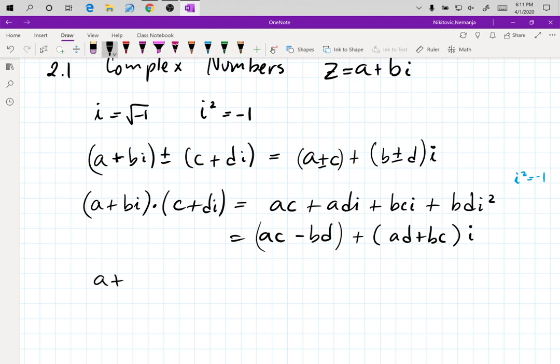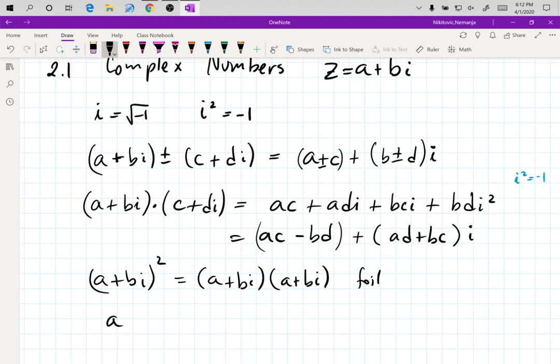Squaring would just be, if you have to square a complex number, well, what you do is you just multiply and follow multiplication, right? So FOIL, and you will get what we have up there.